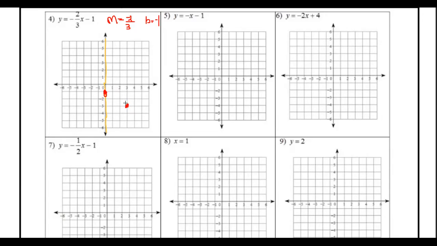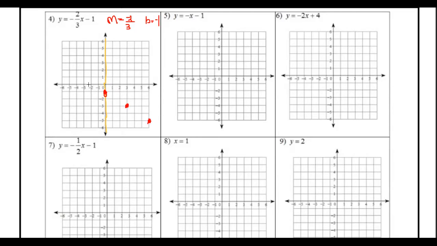Okay, so from here, top number of the slope is negative 2. That means go down 2 spaces from where you are. So 1, 2. Bottom number of 3, positive 3, means go to the right 3 spaces from where we are right now. 1, 2, 3. Okay. There you have it.